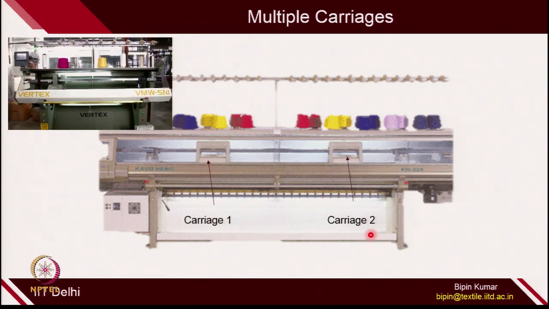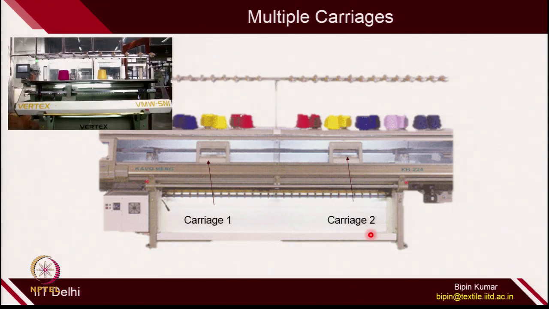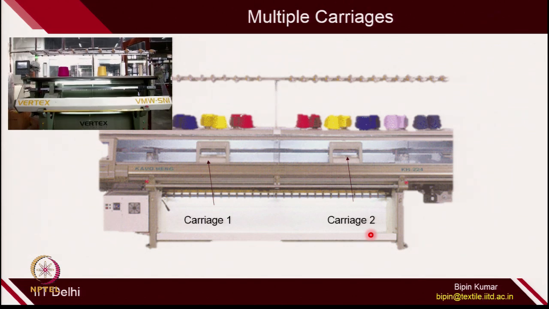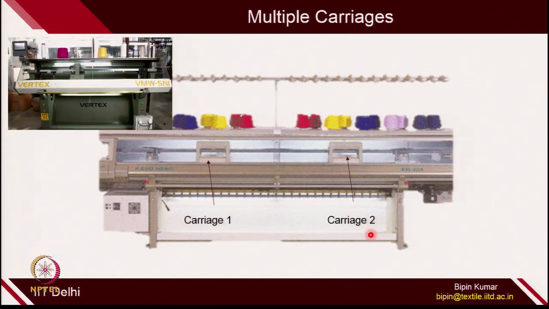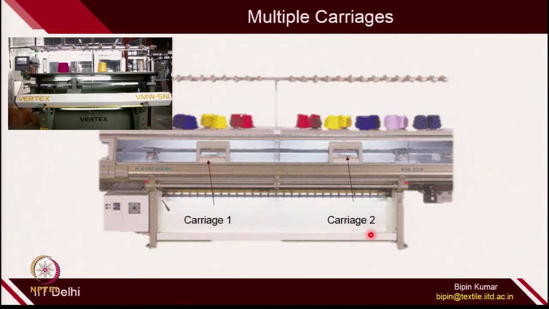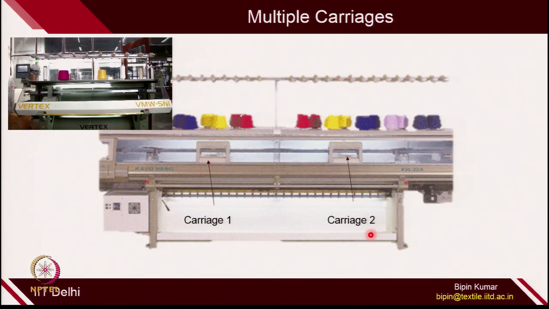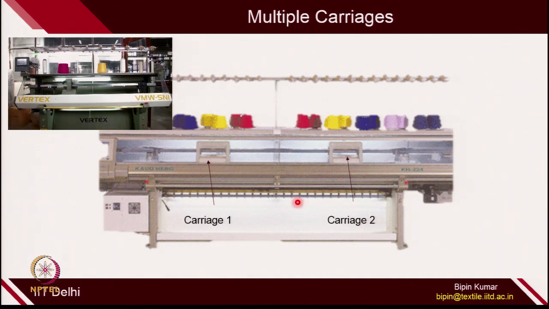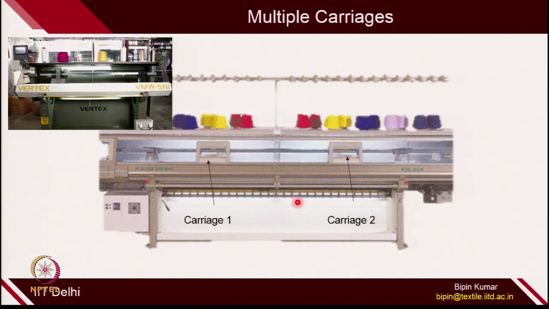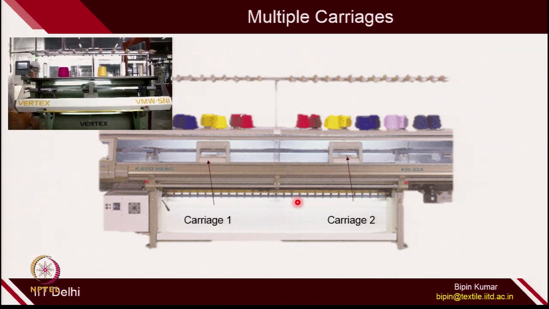In this way, on the same machine the productivity can be doubled because you have the possibility of 2 carriages. Up to 3 carriages you can observe on some machines. In reality the most popular one is the single carriage machine, but the double carriage machine is also getting more and more popular when productivity is very important from the company's point of view.